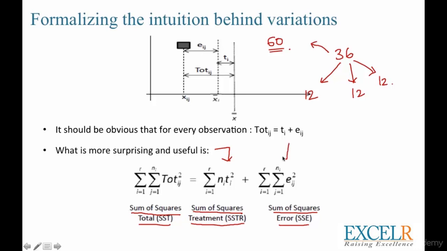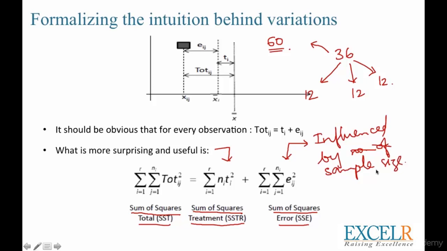And when you square it, obviously, this value is going to increase. So this value is going to be influenced by the sample size, which is wrong. Your formula should not be influenced by your sample size.